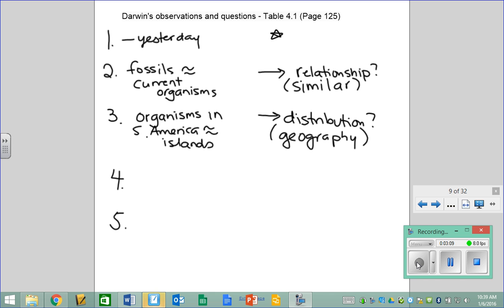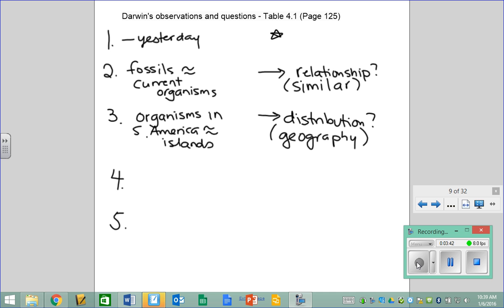We'll talk about it maybe in a little bit, but you probably are aware that the reigning theory of what our planet used to look like is that at one point all of the continents were attached to each other and that things have separated. And so even at this point in time, people understood that islands that were close to mainland were probably attached to that mainland at some point in time. And so that might help explain why the organisms that are in those islands close to South America look fairly similar.